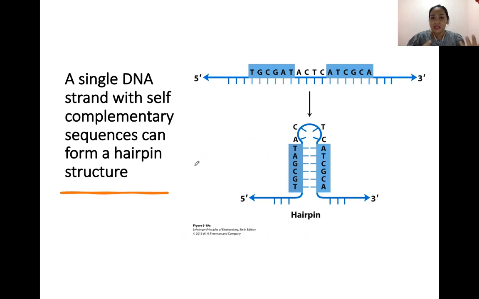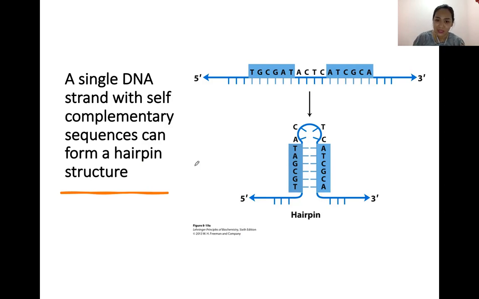In the DNA, since DNA can do base pairing, it's not only the opposite strand where it can do base pairing. It can also form a structure that loops with itself, because if it encounters a certain sequence that will allow it to form loops or these kinds of hairpin structures, it can fold. It doesn't matter if it's not the opposite strand, it can fold on its own.